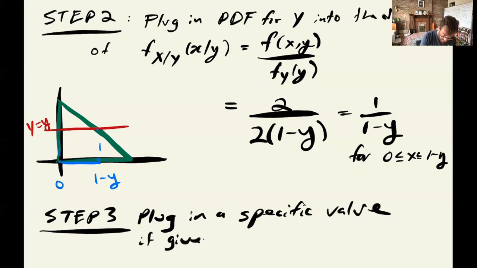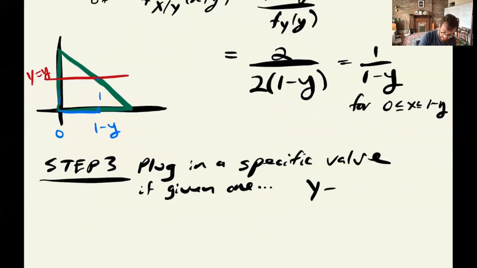If given one. Let's say we're given that big Y equals 2/3, for example. Then what do we know?